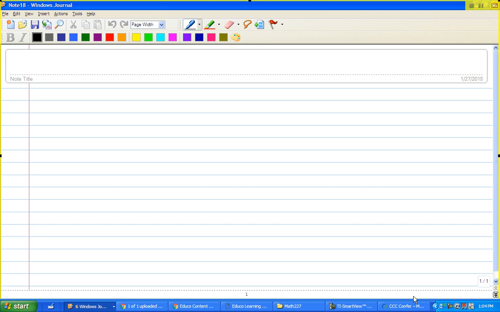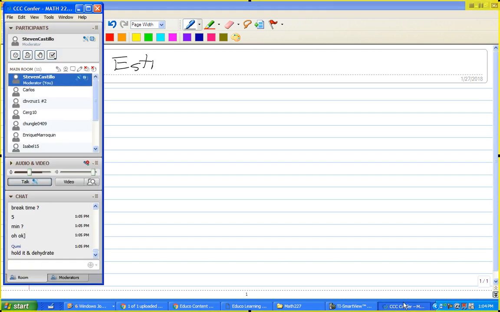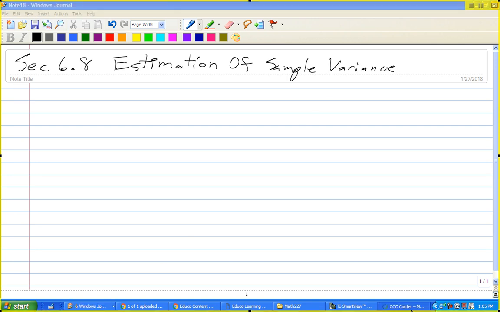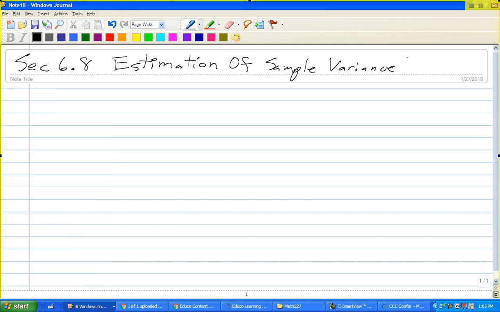Section 6.8. Estimation. So it's estimation of the population variance and population proportion.